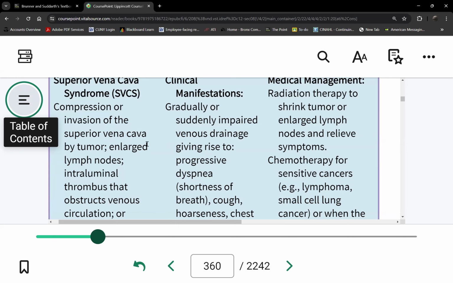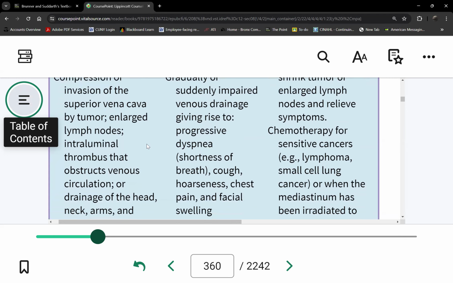What happens is the tumor is so large that it compresses the superior vena cava. What will happen to the patient if the superior vena cava is compressed? Can blood enter from the upper part of the body? No. So it cannot drain. So SVC is supposed to drain blood from the arms, the upper torso, as well as the brain, correct? So manifestations would be congestion in those parts of the body.